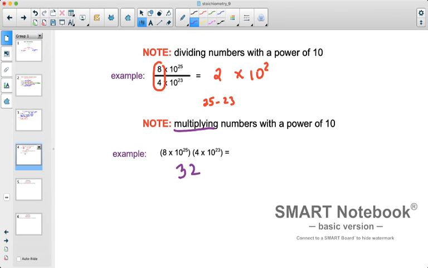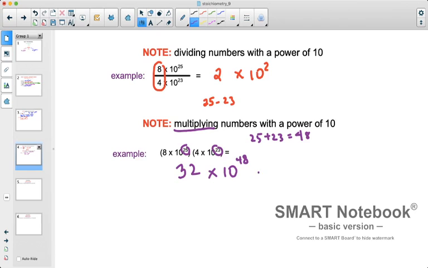When I have to multiply the powers of 10, what I'm going to do is add my exponents. I have to add those together. So this becomes 32 times 10, and 25 plus 23 ends up becoming an exponent of 48. So when I multiply these two numbers together, I now get 32 times 10 to the 48.